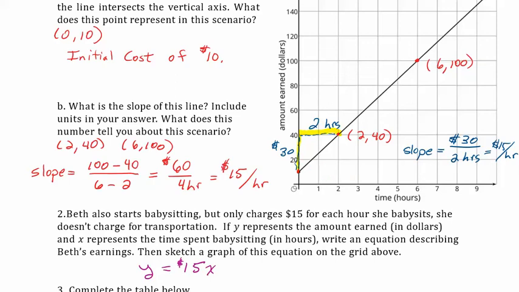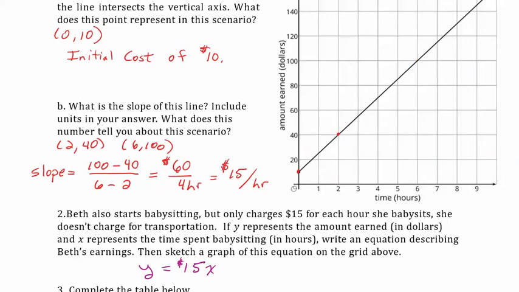Now we're asked to graph up here Beth's line. So we have Emily's line up here. So this is Emily. Okay, so let's graph Beth. Well, if Beth babysits 0 hours, then she's going to get $0. Let's see, after 2 hours, she'll have $30.